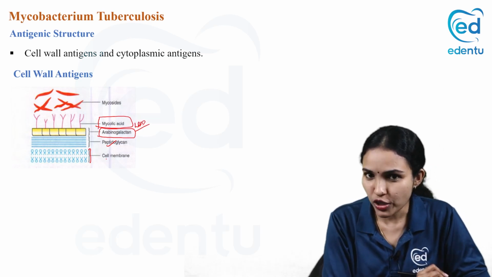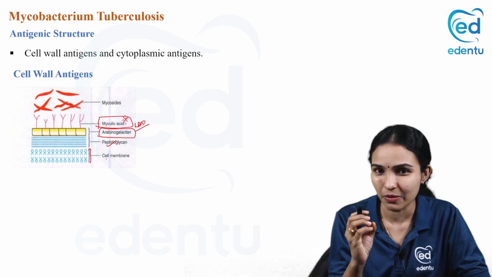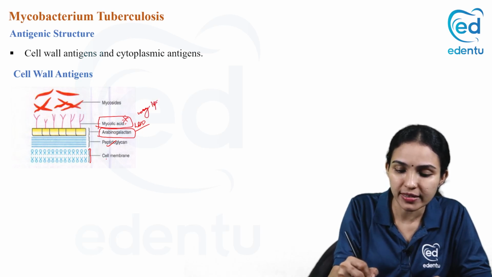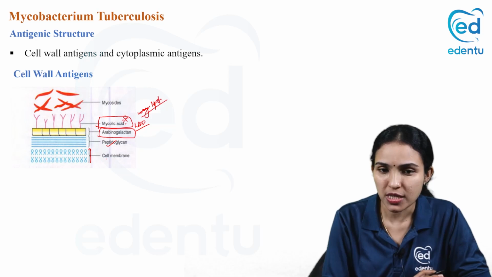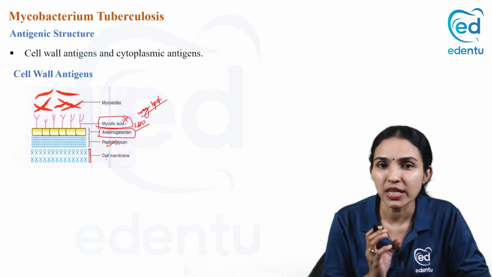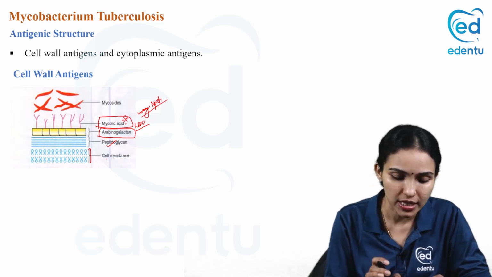The most important of these is mycolic acid, a waxy lipid layer that is responsible for the staining property of Mycobacterium. So basically it has a gram-positive kind of cell wall, but in addition it has arabinogalactan and mycolic acid. Don't forget mycolic acid.